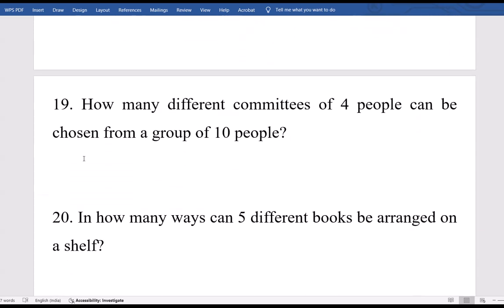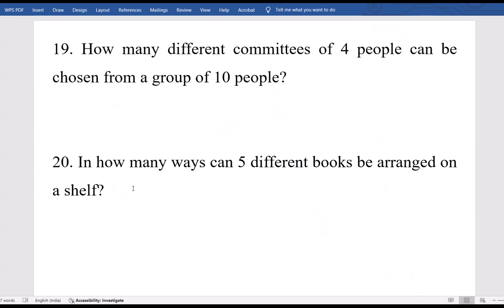Next one, see about these two questions from permutations and combinations. Have a look at both the questions. How many different committees of 4 people can be chosen from a group of 10 people? So what's the answer for the first one?